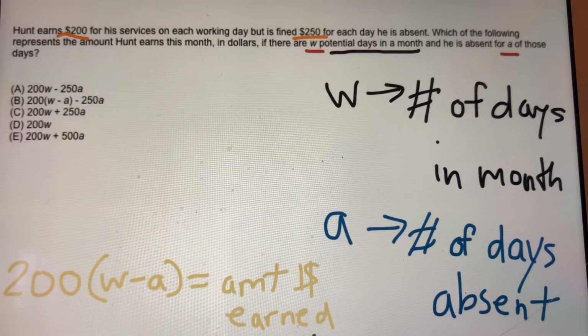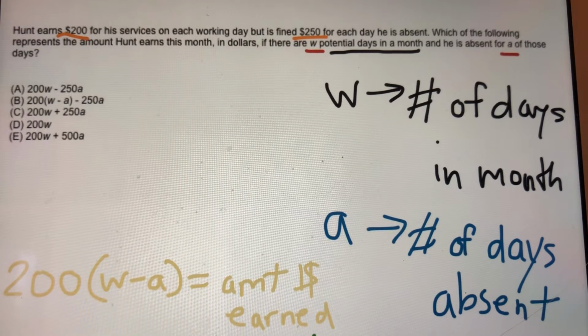The number of days in a month doesn't talk about being absent, so that can't be it. But A, our blue variable, the number of days absent, is what tells you how much money he's going to lose. If he's absent 1 day, you apply 1 times 250. If A is 2 days absent, you get 250 times 2.